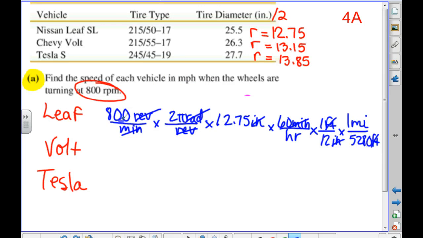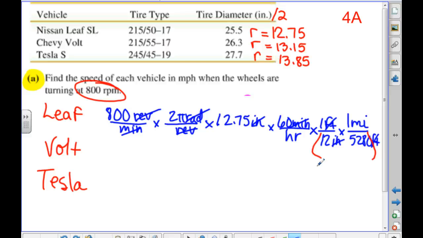800 times 2 pi times 12.75 times 60, and then divided by these two things in parentheses. Go ahead and type the pi in as well. 800 times 2 pi times 12.75 times 60 divided by parentheses 12 times 5280.